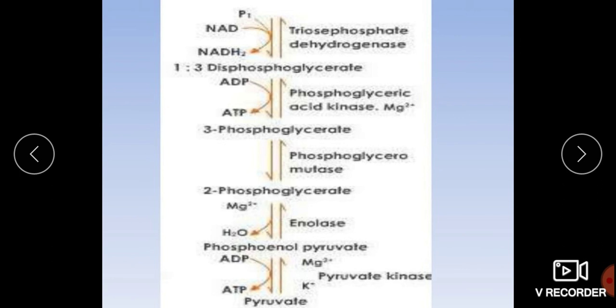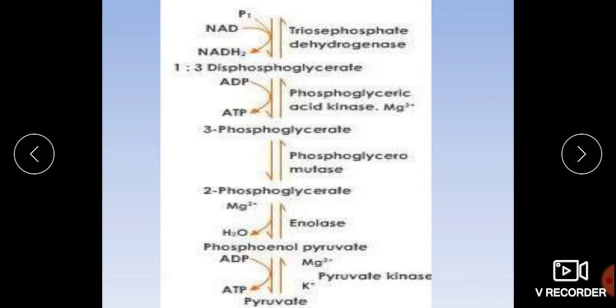Instead of it, in a 2-phosphoglycerate there is a phosphate on carbon atom number 2. So these are different in their structure only. They possess the same molecular formula. And this reaction is also reversible, and this is an isomerization reaction.